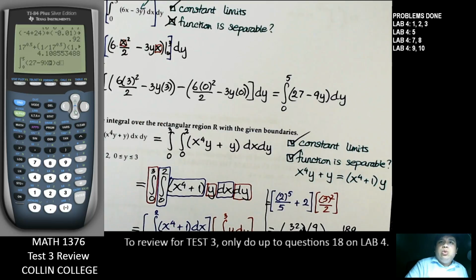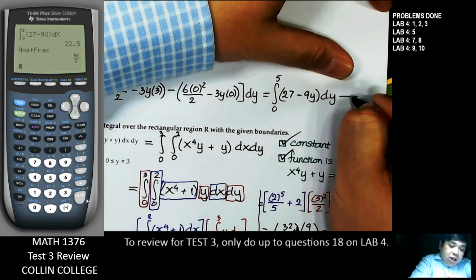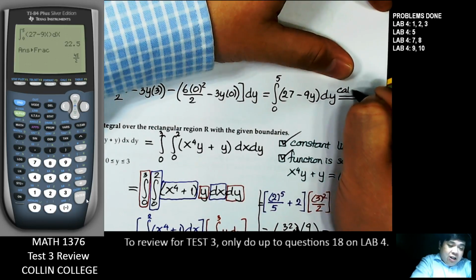Don't really have y, so we just use x. The variable doesn't really matter. That gives 225 over 2, a fraction. So if you use the calculator on the test, just indicate that like this.